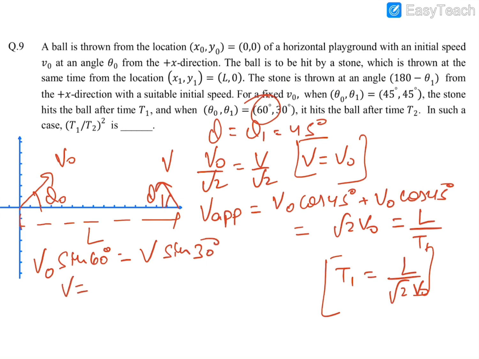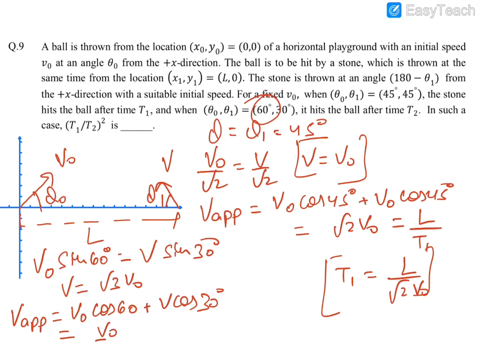So v will be equal to root 3 v0, and approach velocity is v0 cos 60 plus v cos 30. So v0 cos 60 is v0 by 2 plus v is root 3 v0 into root 3 by 2.